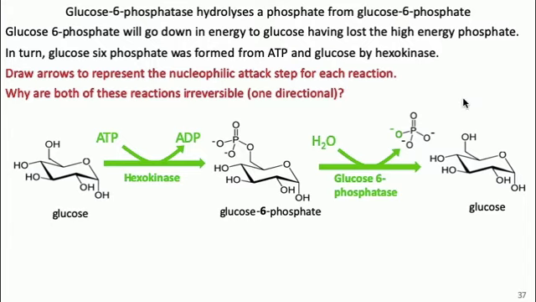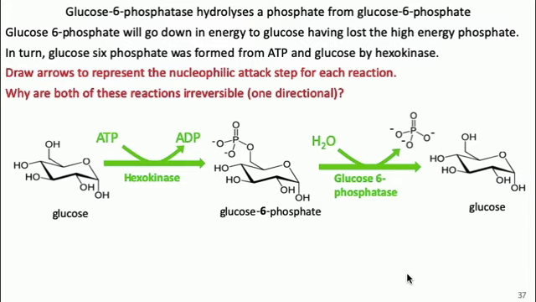Furthermore, the electrons in inorganic phosphate can resonate more freely among all four oxygens than they can when one of the oxygens is in a linking bond to a compound such as glucose. So absolutely this goes down in energy. Hydrolysis of phosphates are always going to be spontaneous.